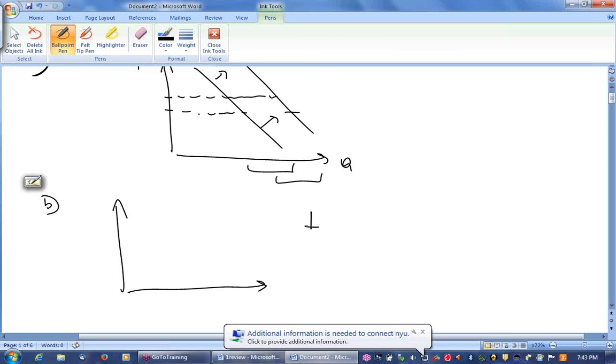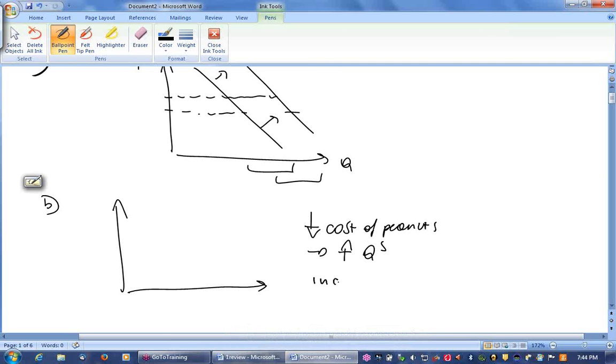So you decrease the cost of peanuts, and this means that the supply curve will increase. So an increase in the supply curve means that your supply curve moves to the right.